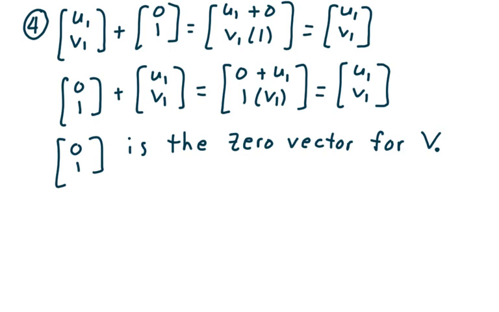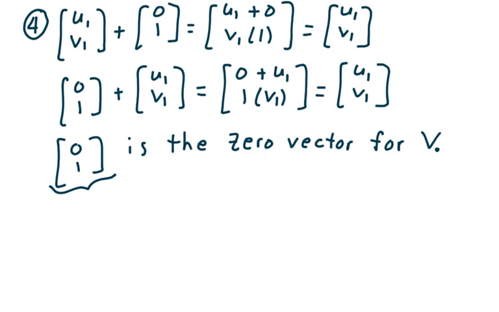Now, we established in the beginning that 0, 1 is going to serve as the zero vector for V. Okay? And I've already established that 0, 1 belongs to V by showing V is not empty.